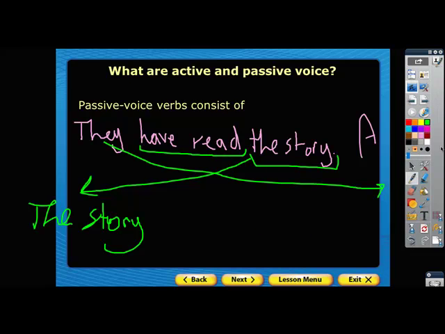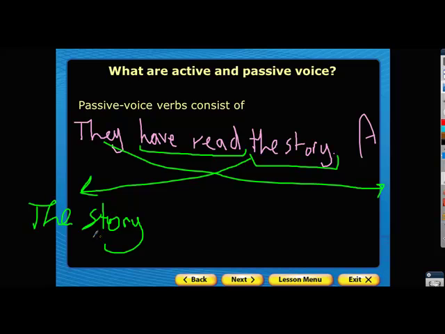Let's focus on the verb here. Wow, this verb phrase is more than one word. The same idea we're going to apply. I need the verb to be in the present perfect form. Here, been. So what about the story?